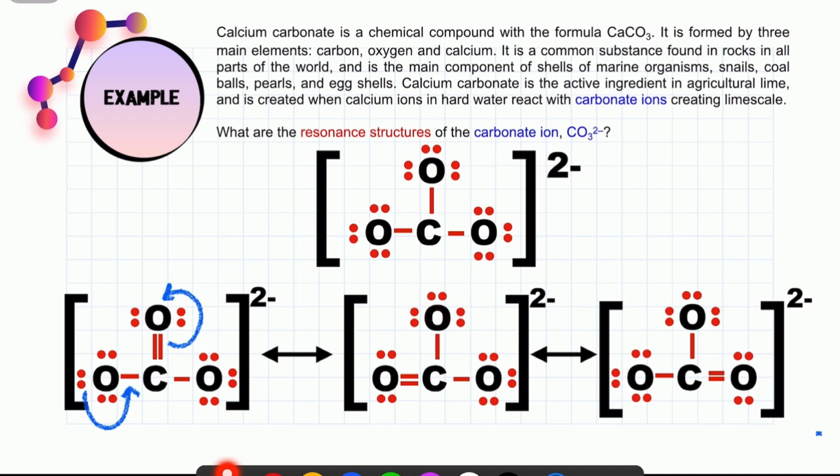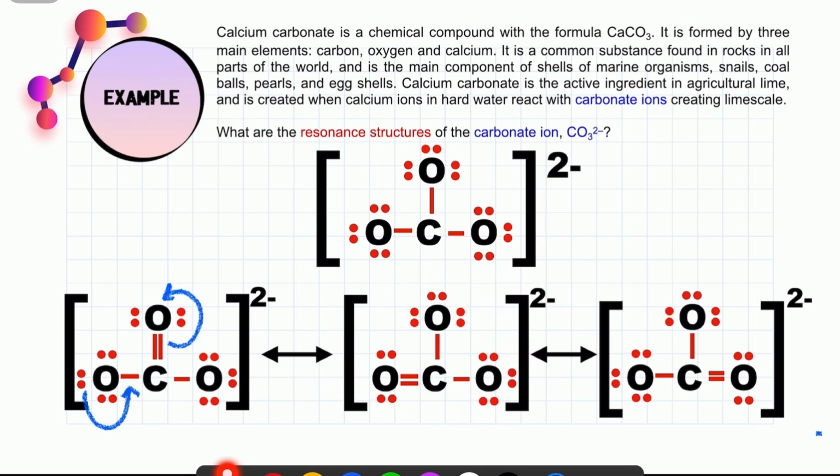Then, when the double bond is used to form the lone pair, it makes the carbon not octet. So this other oxygen will use one of its lone pairs to form a bond with the carbon, to make sure that the carbon is octet. So it will form the second structure.